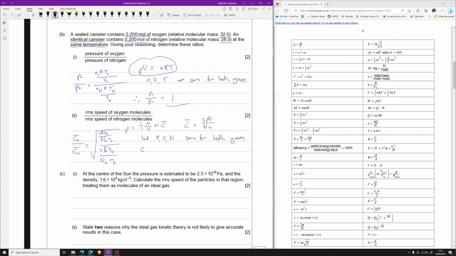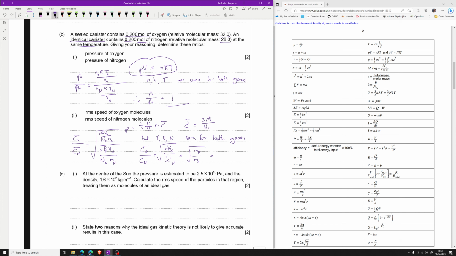Therefore, c bar oxygen over c bar nitrogen is equal to the square root of 1 over m oxygen divided by 1 over m nitrogen, which equals the square root of m nitrogen over m oxygen.